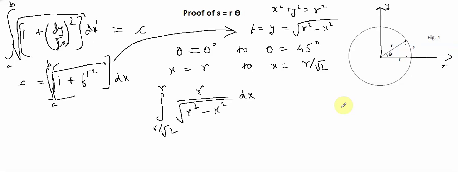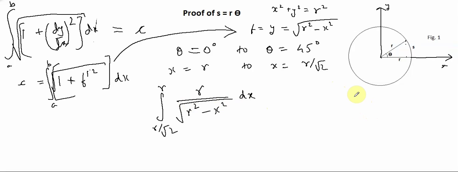Further, you can solve this integral using mathematics, of course, but I am not going to solve it entirely. I will directly write the answer.